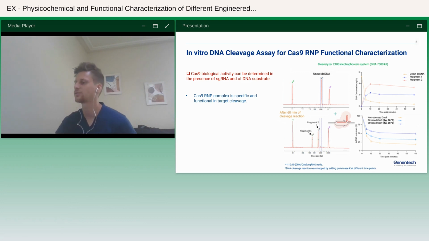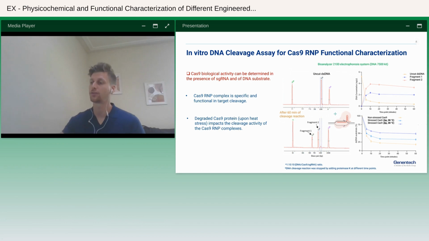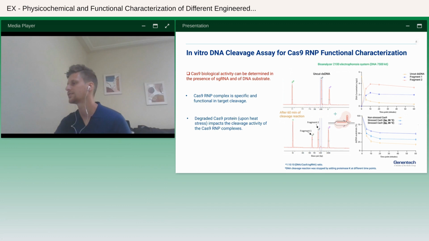Something that is also interesting is that we can evaluate the impact of some degraded Cas9 proteins. So we made different complexes, this time with a non-stressed Cas9, stressed Cas9 at 2 weeks 30 degrees, and stressed Cas9 at 4 weeks at 30 degrees. And you can see that degraded Cas9 has a negative impact on the cleavage activity of the Cas9 RNP complexes.